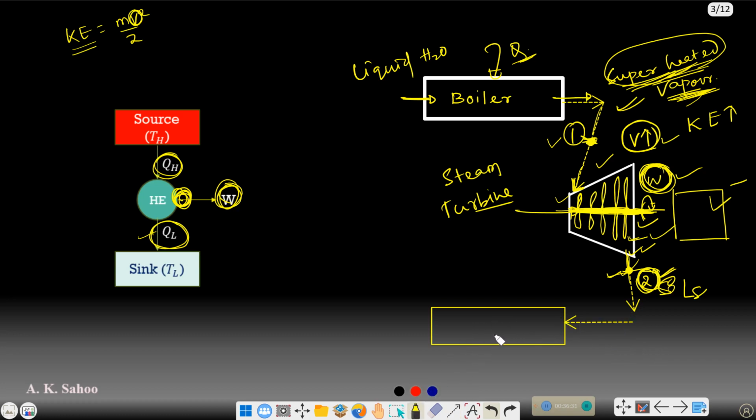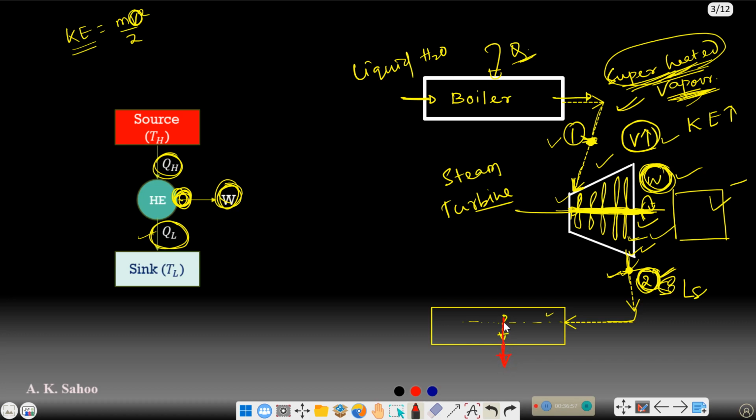This device will be extracting some amount of heat from this steam, right? So when I am sending steam to this device, it will be extracting some amount of heat from the steam and sending it out. So what is the function of this device?